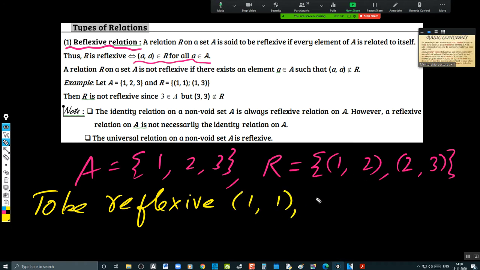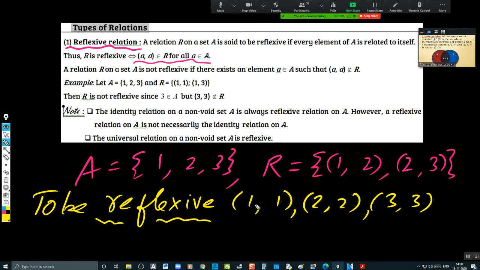When 2 is there, you must have 2, 2. When 3 is there, you must have 3, 3. Then only this becomes a reflexive relation. Besides this, you can have the remaining also, but you must have these 3 perfectly. Then only it becomes reflexive, remember.